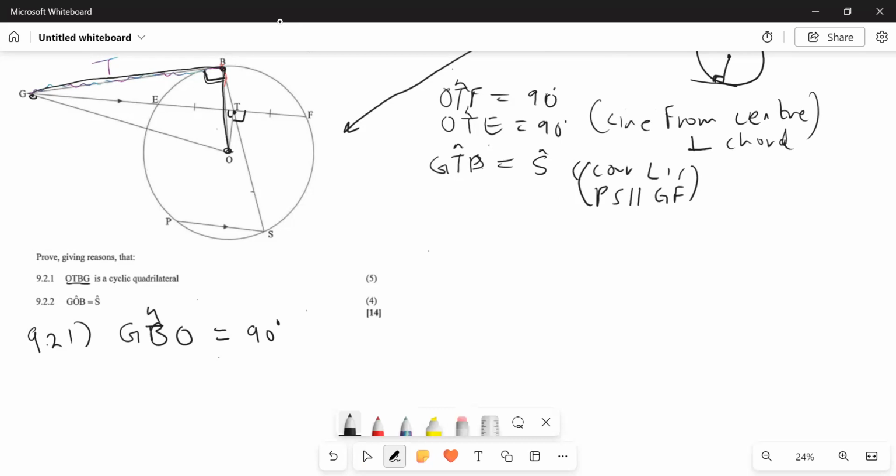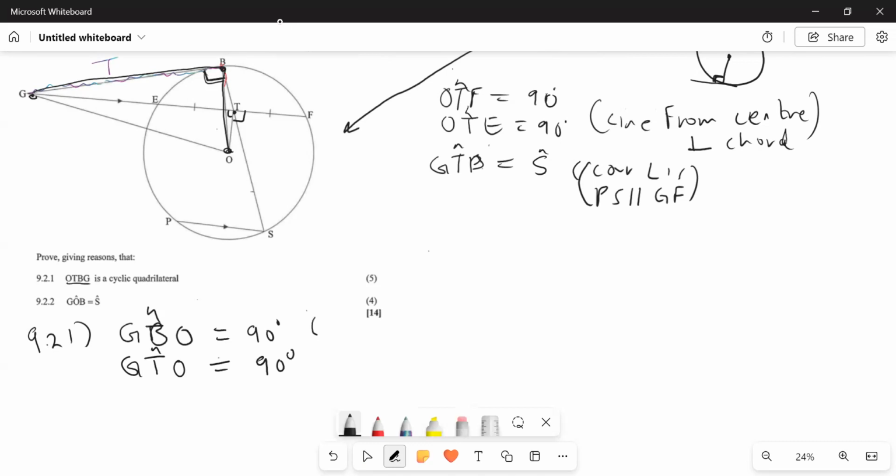And then GTO is equal to 90 degrees as well, right?